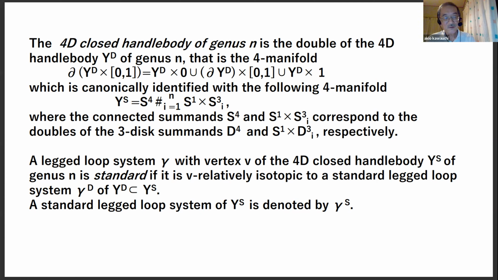Of course, S4 is the double of D4, and S1 cross S3 is the double of S1 cross D3. A regular loop system gamma with vertex V for the closed handlebody YS of genus N is standard if it is, vertex relatively, isotopic to a standard legged loop system gamma D of YD in YS. A standard legged loop system of YS is denoted by gamma S.